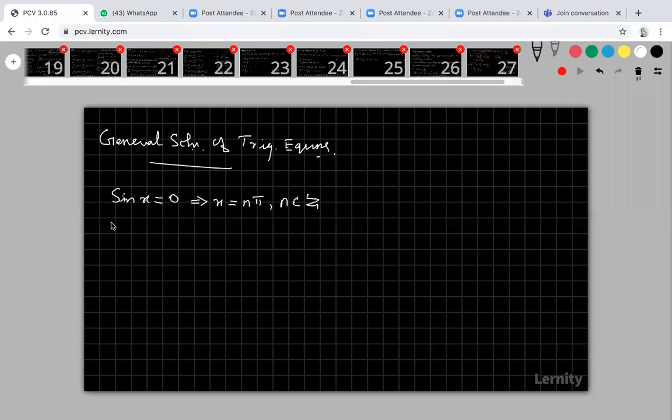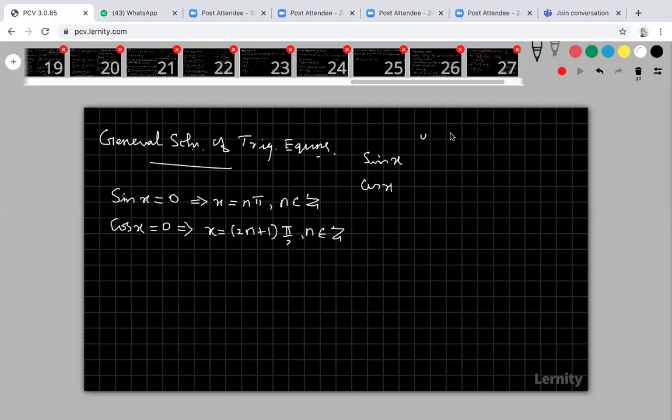Right. Similarly, what about my cos x? My cos x is 0 when x is an odd multiple of pi by 2, that is, x is equal to 2n plus 1 times pi by 2, where n belongs to Z. So see your sin x and cos x values.